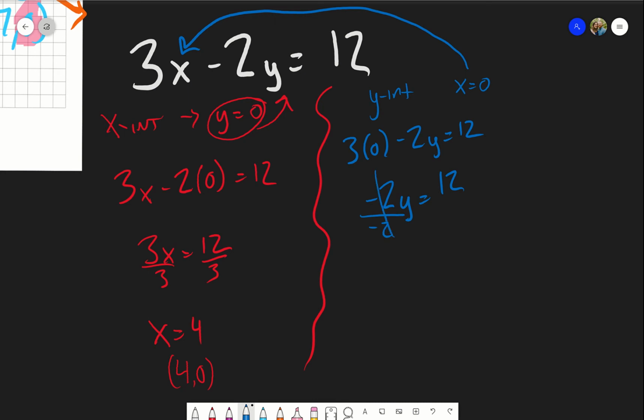Divide by negative 2, divide by negative 2. y equals negative 6. My y-intercept is (0, negative 6). These two pieces of information tell me what I need to know to be able to graph my line.